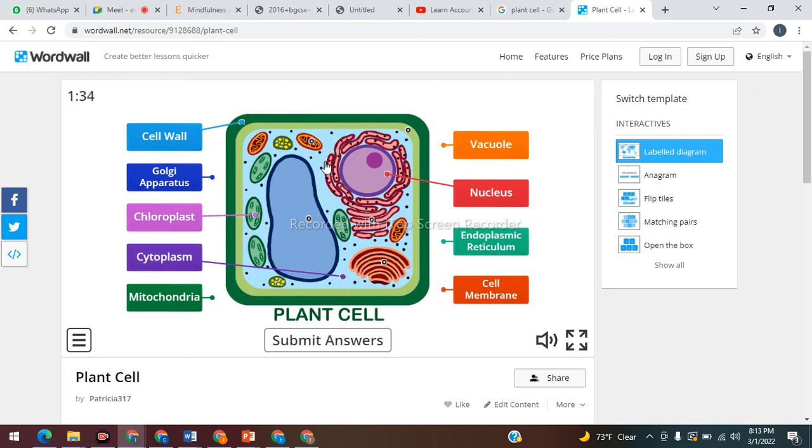Okay. What else do we have? We want the cell membrane. Where's the cell membrane? The light green border. Very good. How about the mitochondrion? The orange things. Yes, mitochondria. Okay.